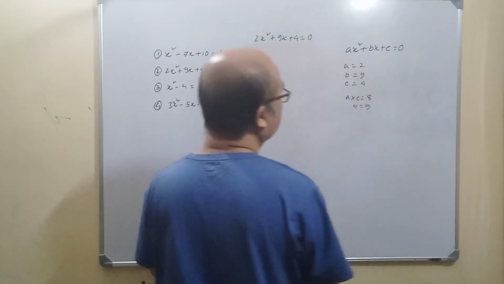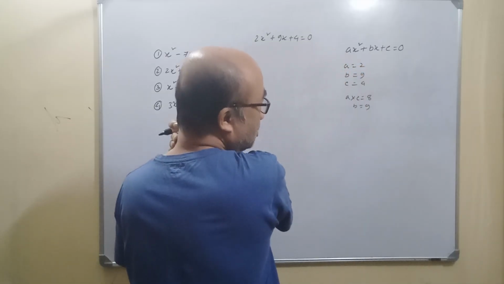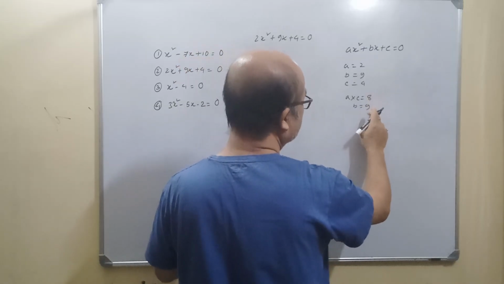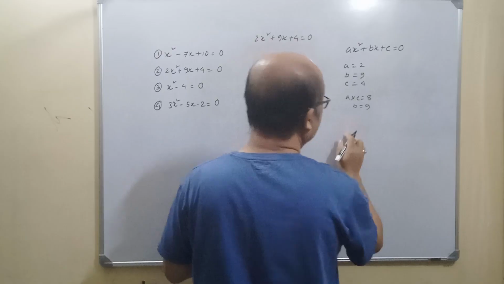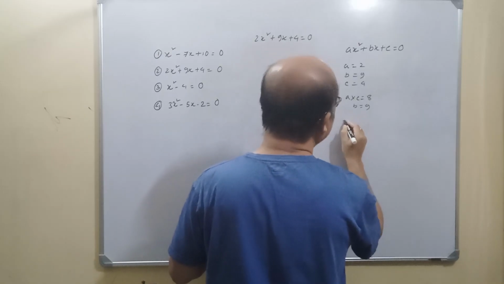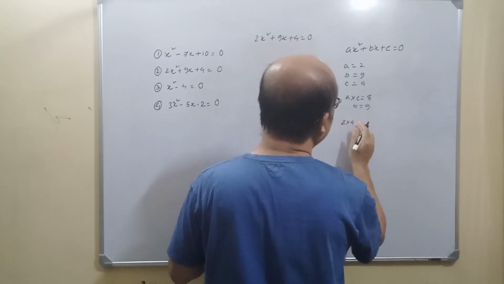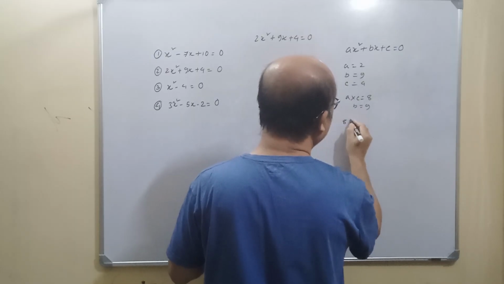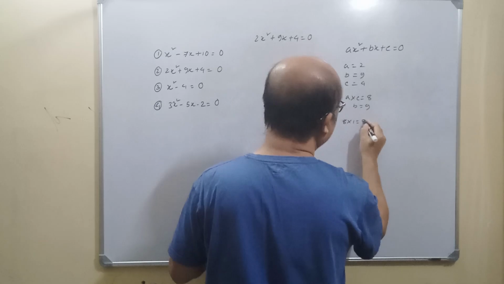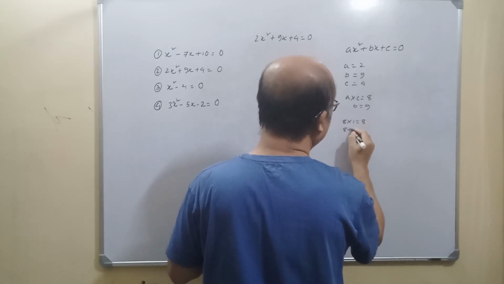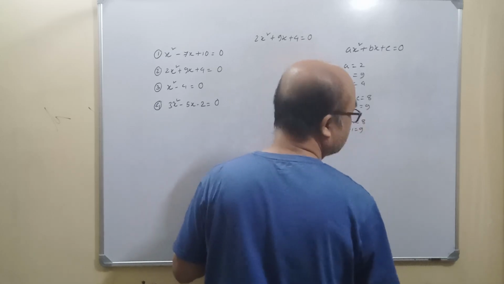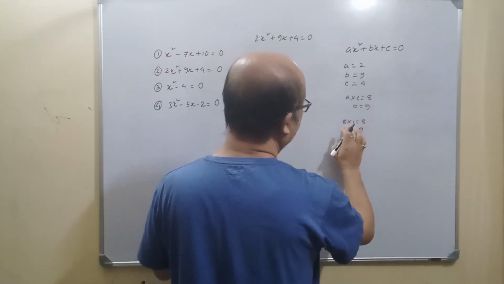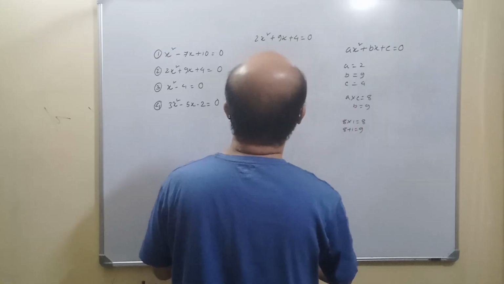So we need two numbers whose product is 8 and whose summation is 9. So we get 8 into 1 is 8, and 8 plus 1 is 9. Okay, so the numbers are 8 and 1.